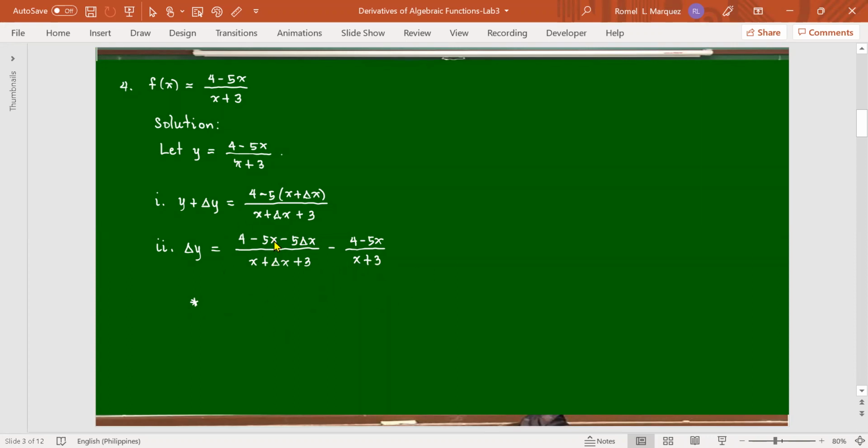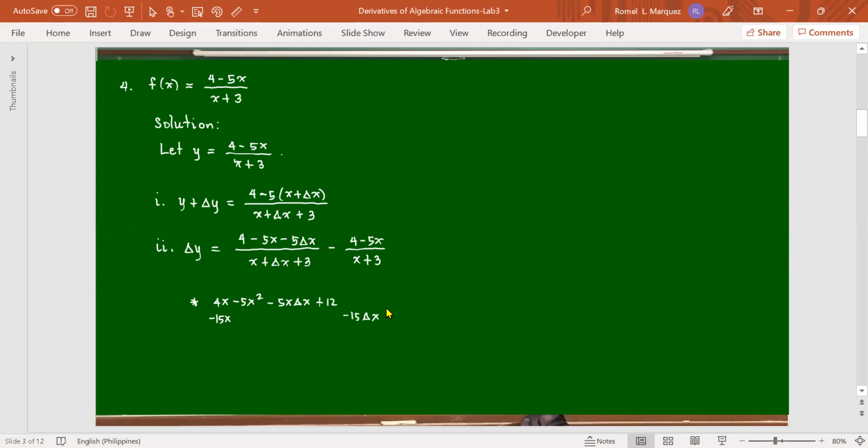So first multiply this numerator by x plus 3. 4 times x, so we have 4x, minus 5x squared, minus 5x delta x. And then what about 3? So 12. Put it here, 12 minus 15x. So align it here, 15x. And then minus 5 delta x times 3, so 15 delta x.